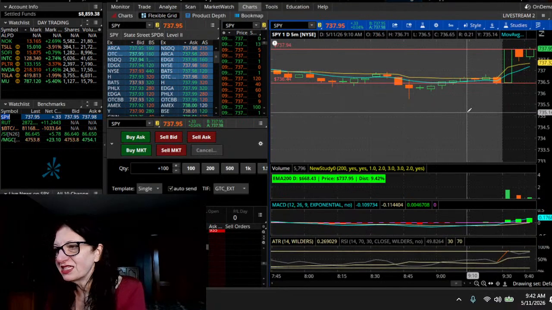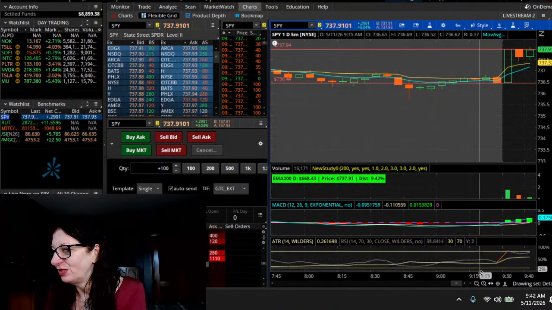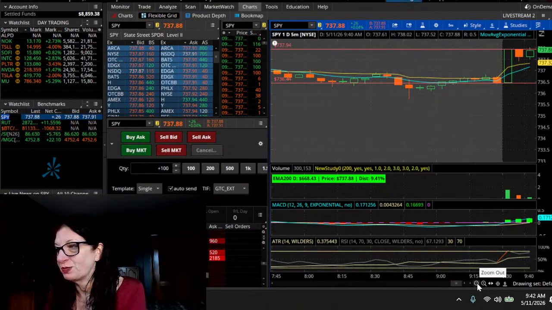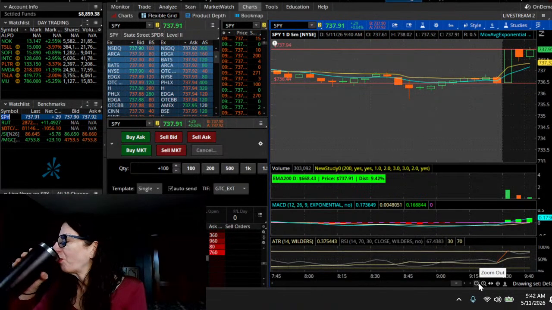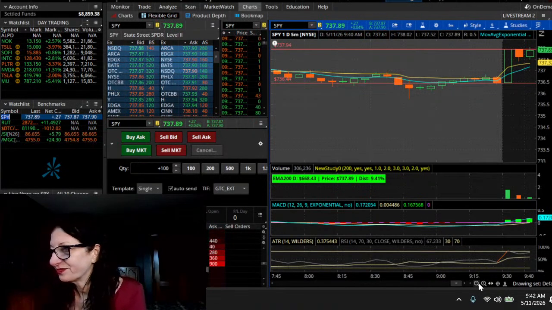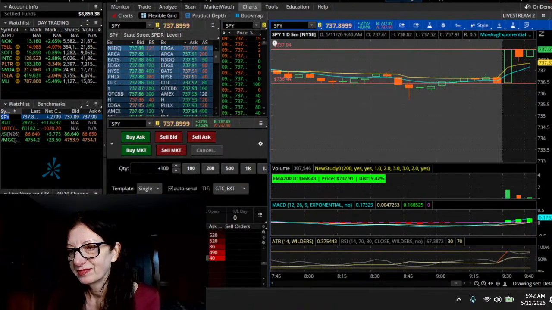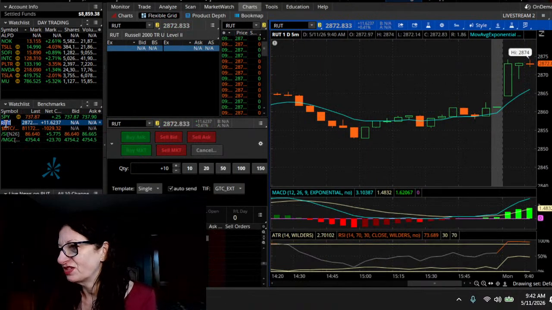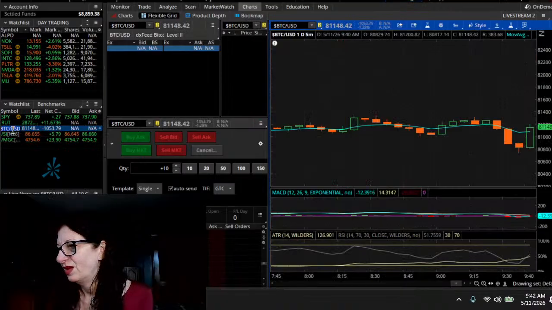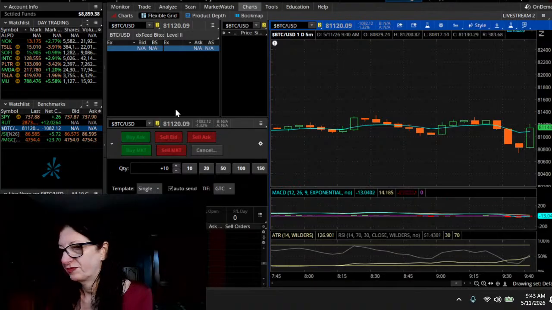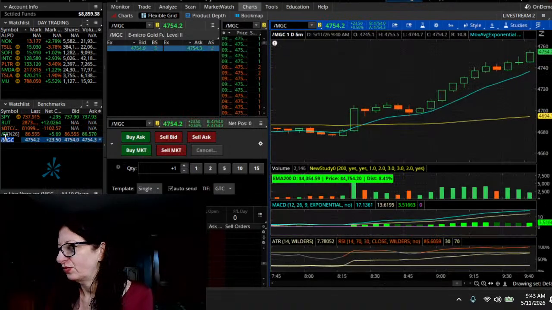So if we looked at the S&P 500 and we did this opening range breakout thing, the Russell 2000, Bitcoin, gold futures.